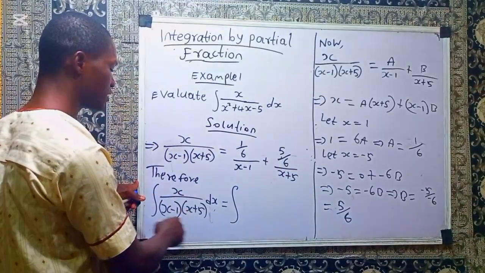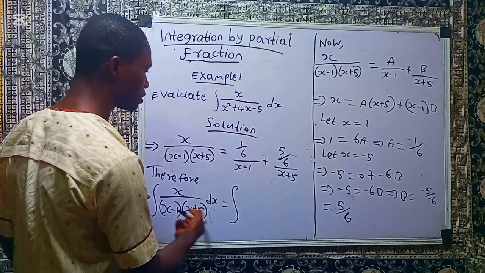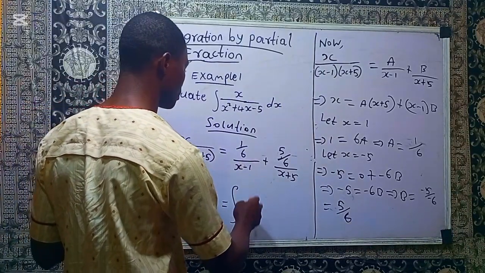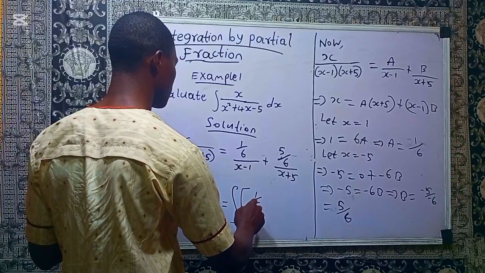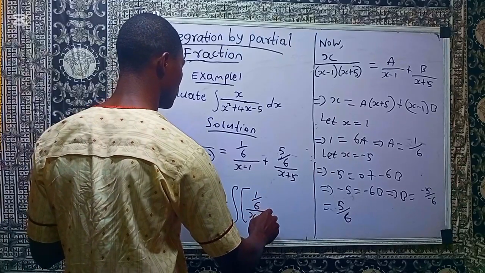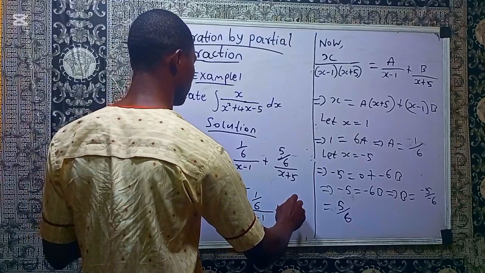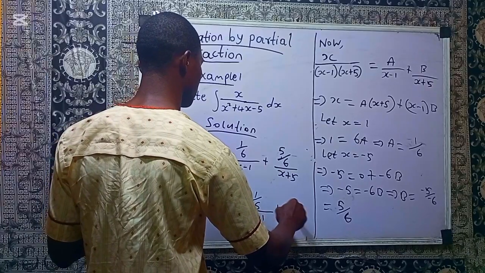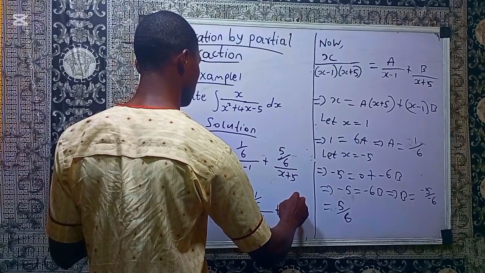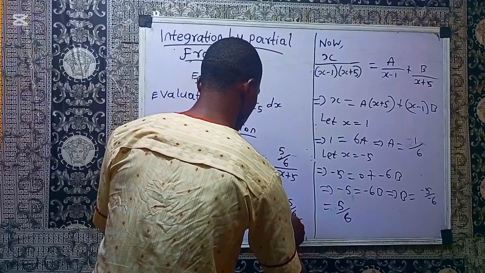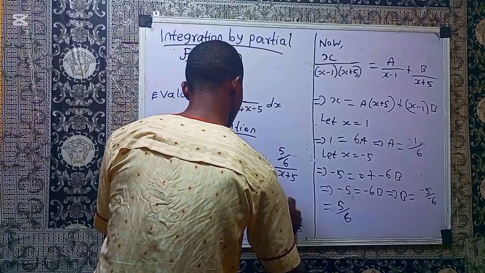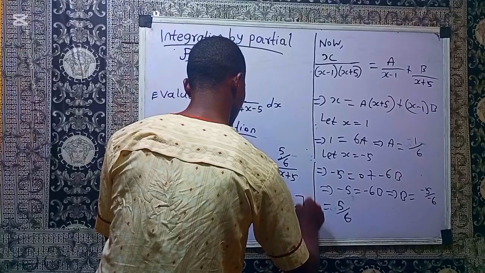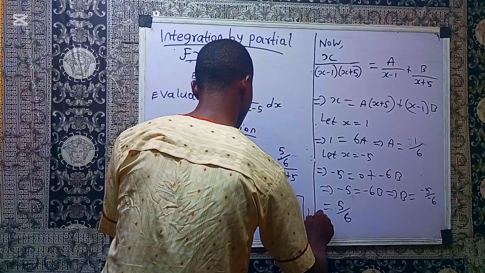Because we have split this fraction into partial fractions, we now have 1 over 6 divided by x minus 1 plus 5 over 6 divided by x plus 5. So this is what we have with respect to x, dx.